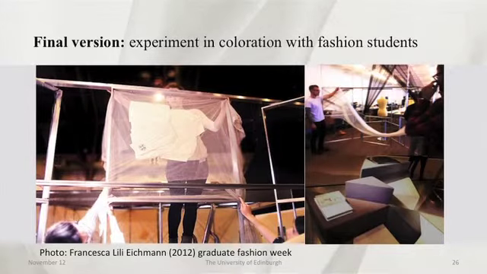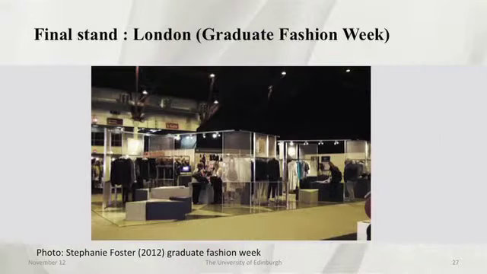So I will not have time to go through the student process. So this is the student process, and this is the final stand they made. One comment I have on the student process: they were really experimenting with material and working like on a 3D sketch.